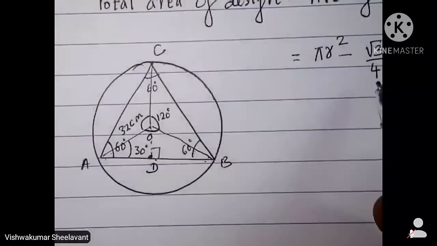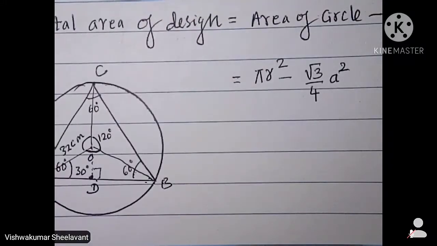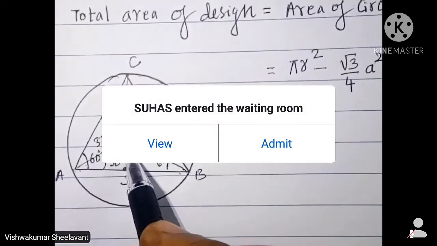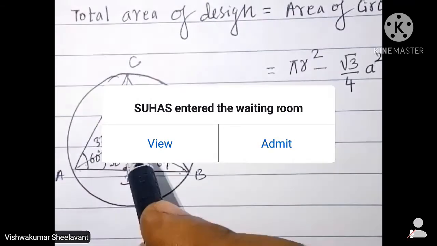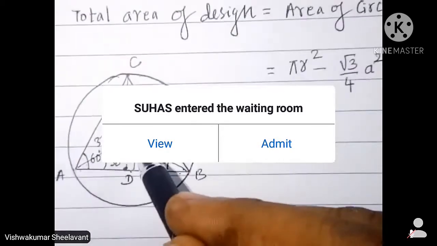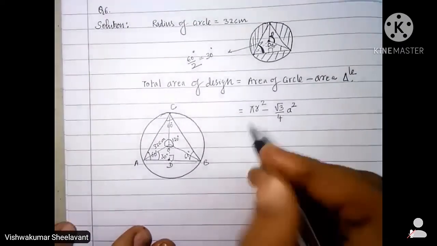Then you can make use of this formula. Or if you want to make use of the angle subtended by this chord at the center of the circle, then you can make use of the formula directly. I will write here.